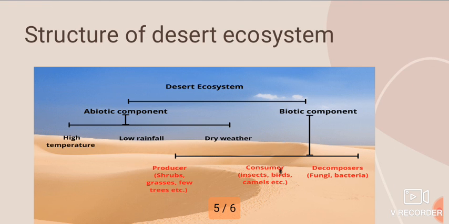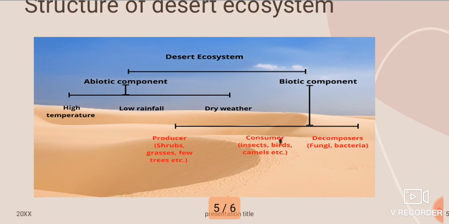The structure of desert ecosystem. This is the structure of desert ecosystem. We have abiotic components and biotic components. In abiotic components, we have high temperature, low rainfall, and dry weather.